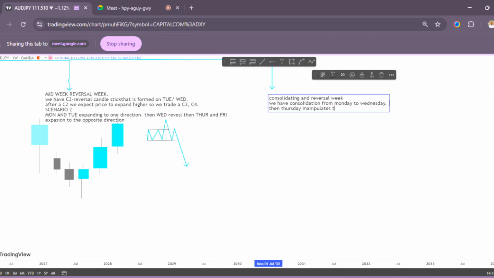It manipulates the high or the low of the range formed from Monday to Wednesday. Then Friday expands.